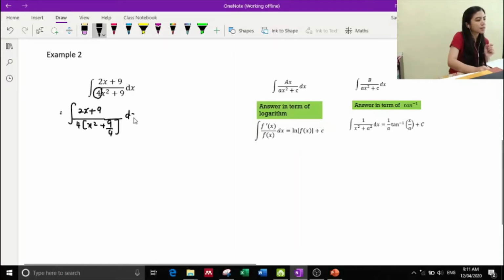And this is actually your dx, right? Okay, so once you have this one, we're going to take out the over 4. When you take out the over 4, you will have 1 over 4 in front of the integration.